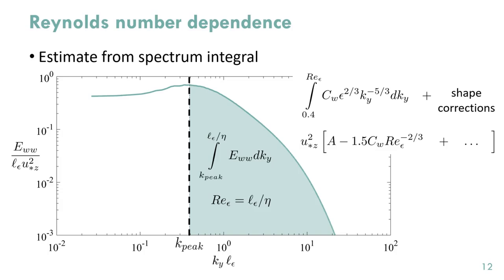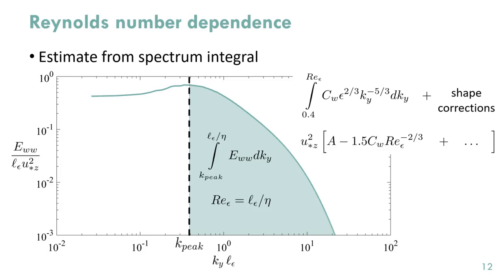So this is emerging naturally from the definition that we gave earlier in the presentation for the dissipation-based length scale. You also get a theoretical Reynolds number dependence based solely on the inertial subrange, and then we'll have higher order corrections in a second that we'll add that need to account for the vicinity of the peak and the dissipative region.